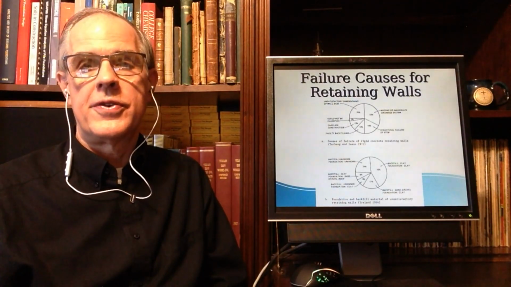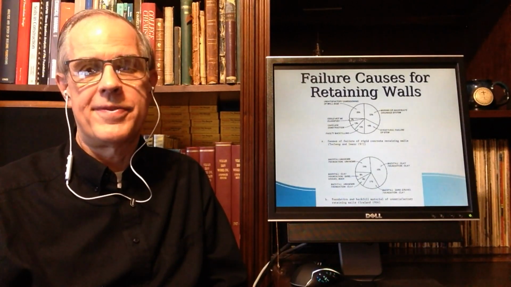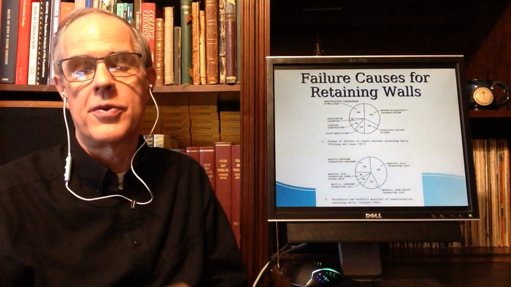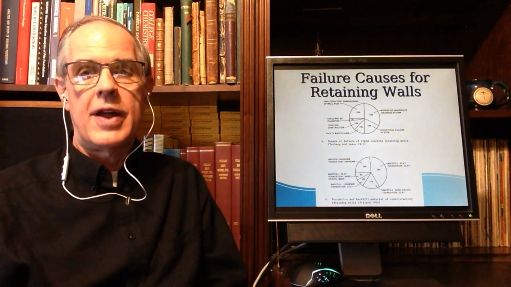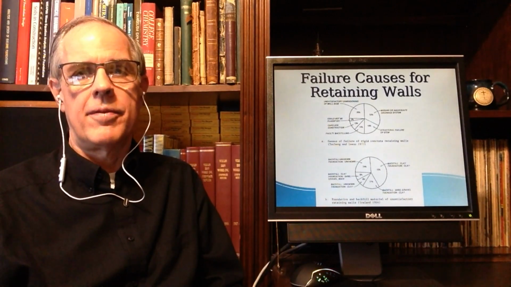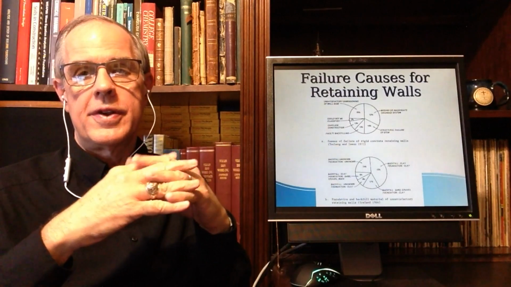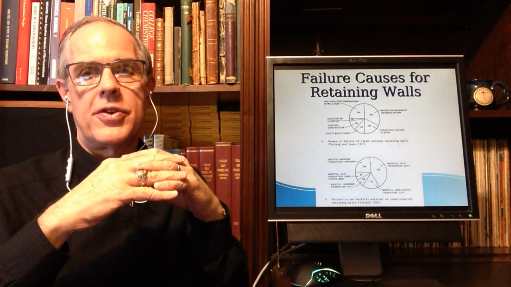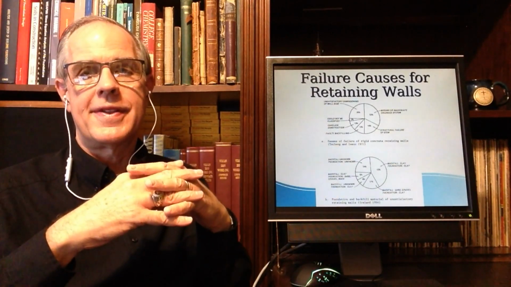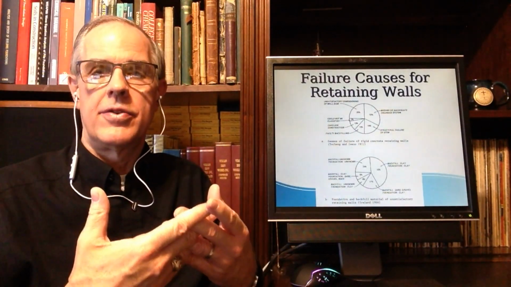Failure causes for retaining walls. I probably should have put this sooner, but for some reason this has always been at this point in the course, and so this applies to all of them. What makes retaining walls fail? We've looked at the engineering calculations behind this.